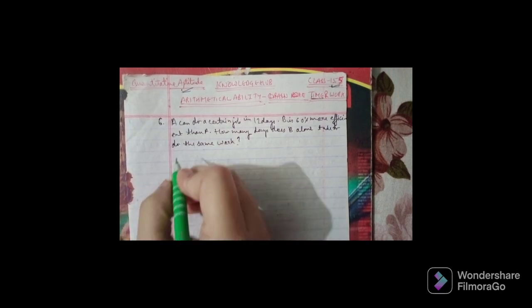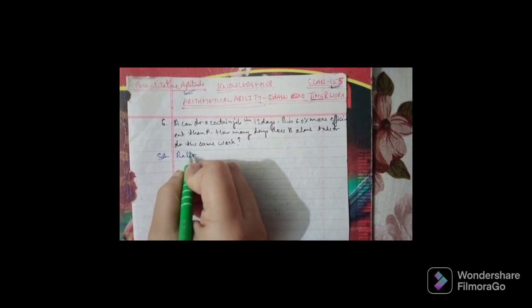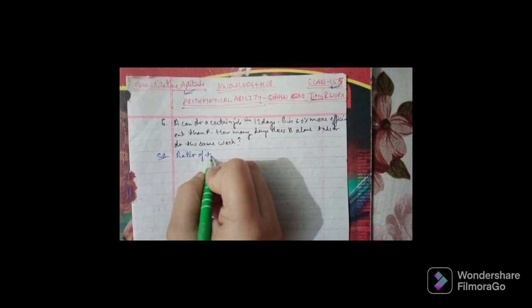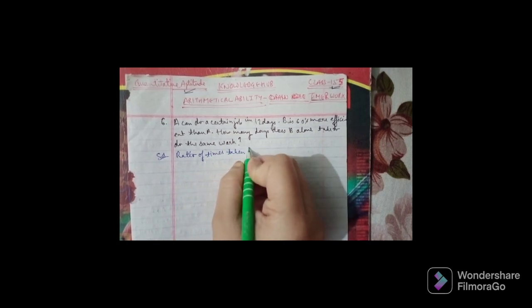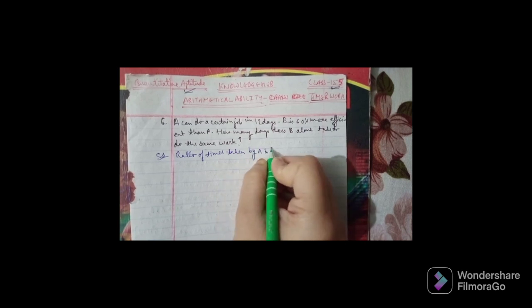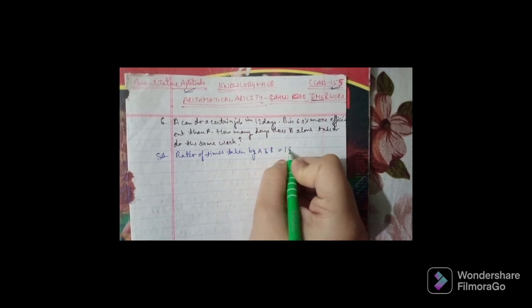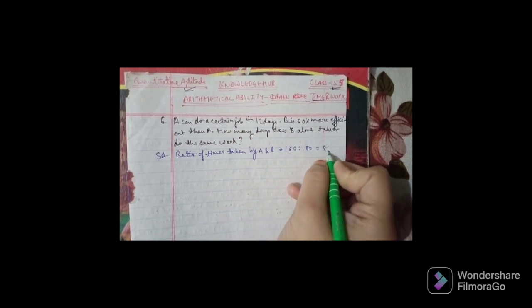Now we go for it. The ratio of times taken by A and B is 160 ratio 100, that is 8 ratio 5.